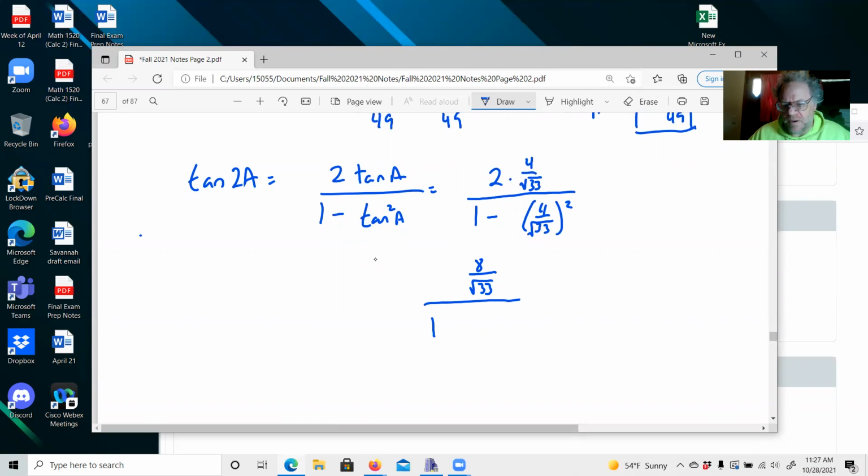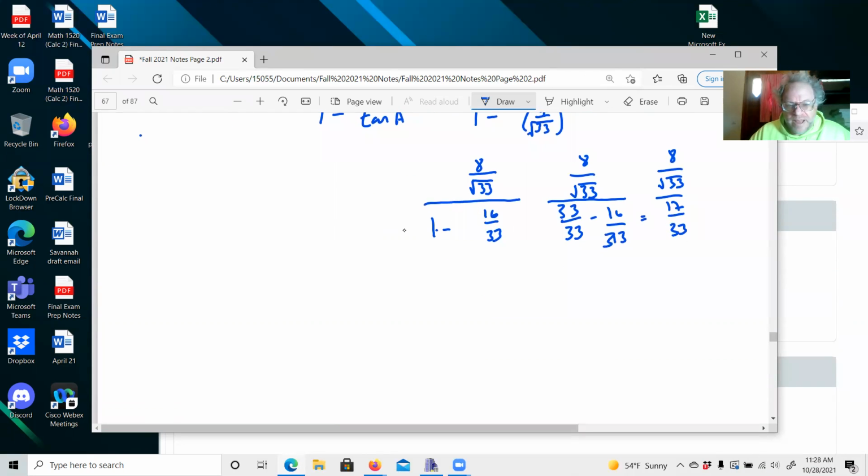And then we have 1 minus 16 over 33. So what is 33 over 33? It's 1 minus 16 over 33. We'll get back to the 8 over the square root of 33. So this was 17 over 33, divided by 8 over the square root of 33.